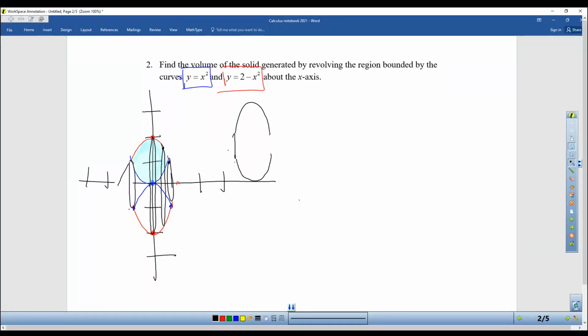It suddenly stops. Really hard to visualize. So you've got this, I'll make it a little bit more pronounced. Got this shape, and then it suddenly stops.